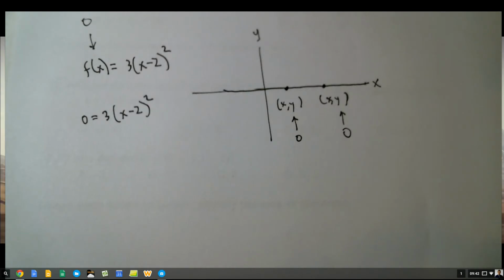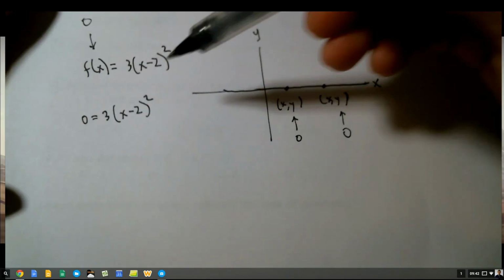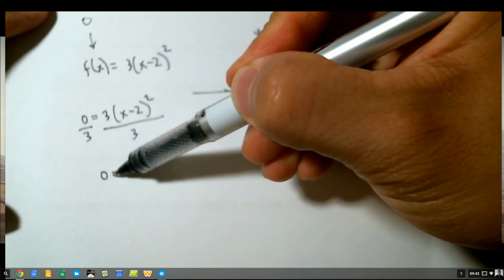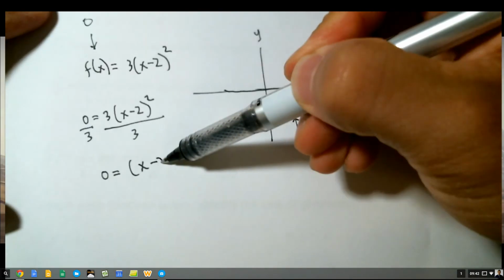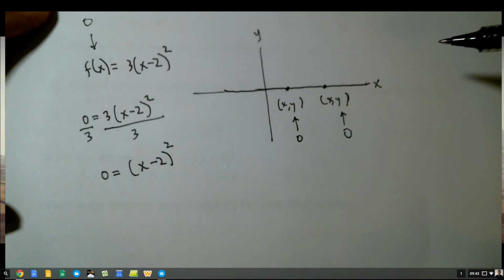So how do we do that? How will we solve for that? Well, let's get rid of 3. Let's just get this by itself. So we get 0 is equal to (x minus 2) squared. And then I want to get rid of this square. How do we do that?